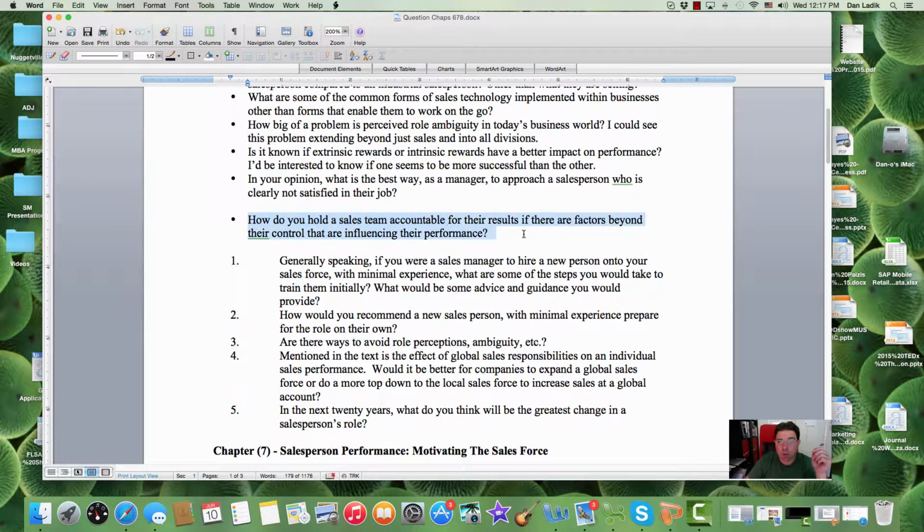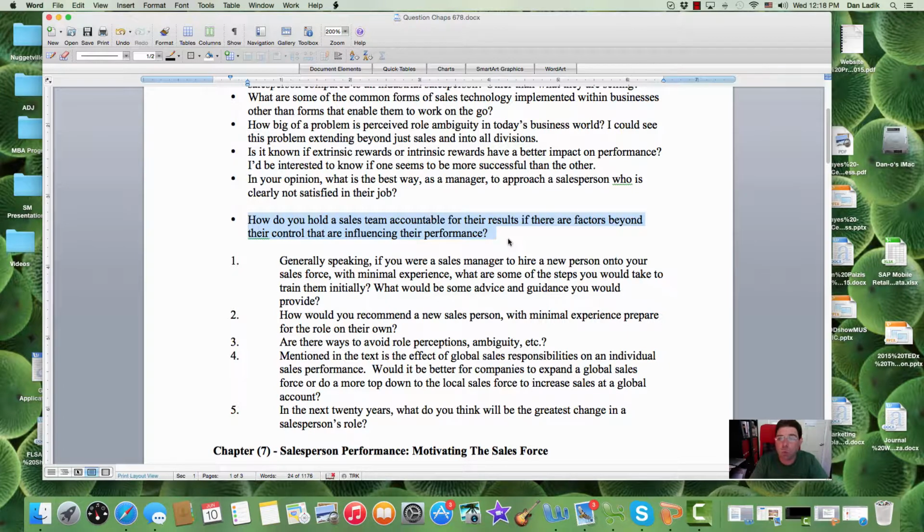Now, in a related question, how do you hold a sales team accountable for the results if there are factors beyond their control that are influencing their performance? Very much in the spirit of this, the sales manager has their finger on the pulse of what's going on. They have a one-on-one dialogue with not only the team leader or the salesperson, but all the other members of the team.